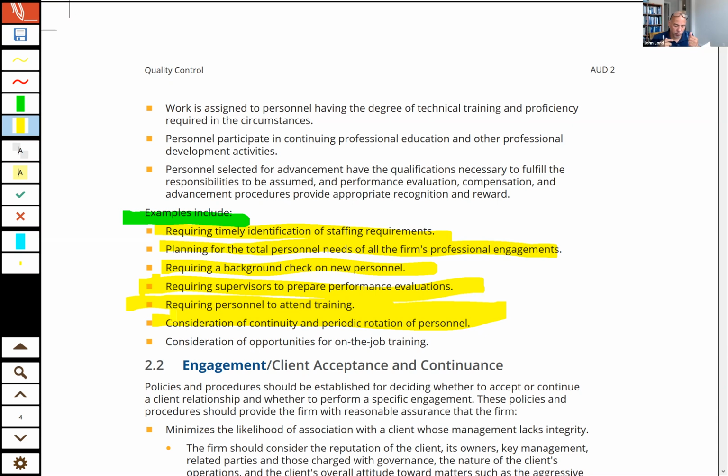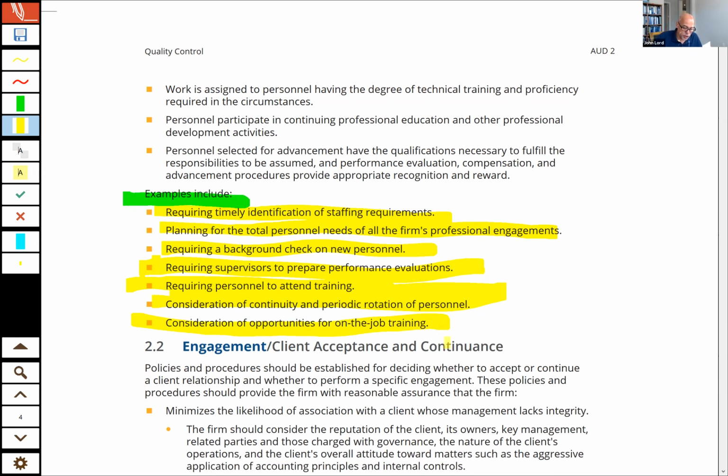So you definitely want to rotate your staff from year to year. Try to keep some of the same staff from year to year, but you also want some rotation. And then consider opportunities for on-the-job training.